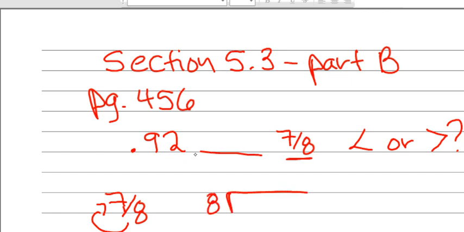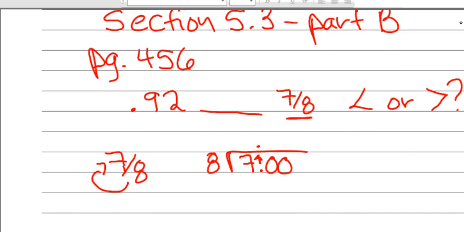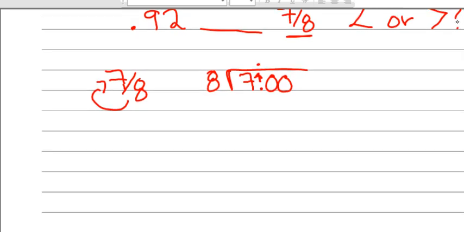I'm going to divide the bottom into the top. And again, if you want to check that on your calculator, you would punch in 7 divided by 8. That will give you the decimal. I want to show the long division because I know some people in the class have had some difficulty with it.